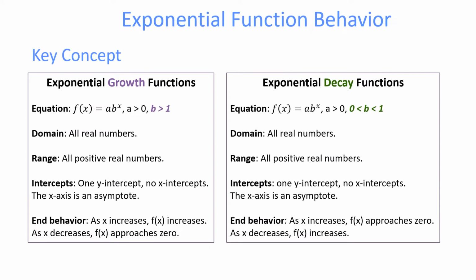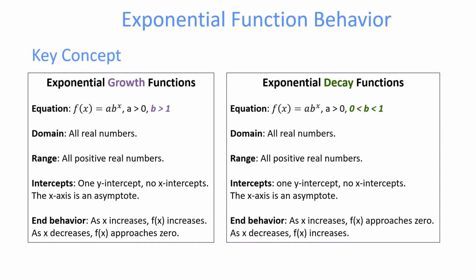Now that we've seen what the exponential growth and decay functions look like, let's analyze their behavior to see what the properties of these functions are. Firstly, for exponential growth functions, remember this is where the value of b is greater than 1. The domain, or x values, is all real numbers.